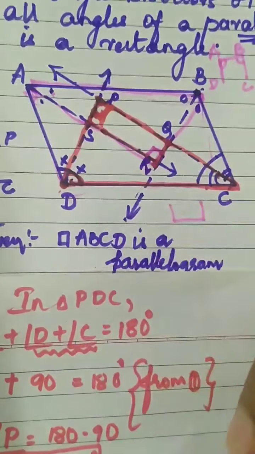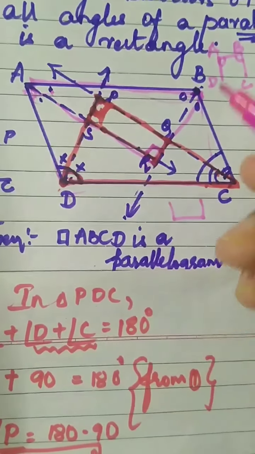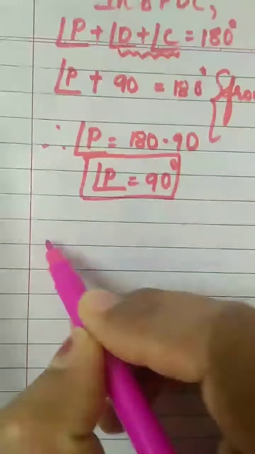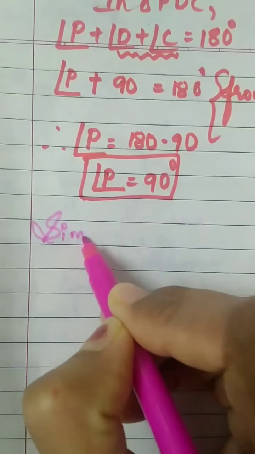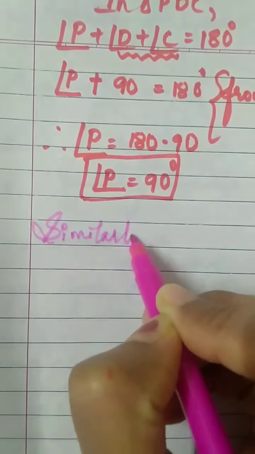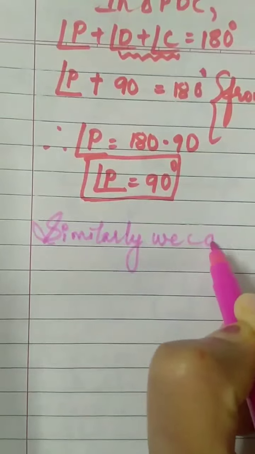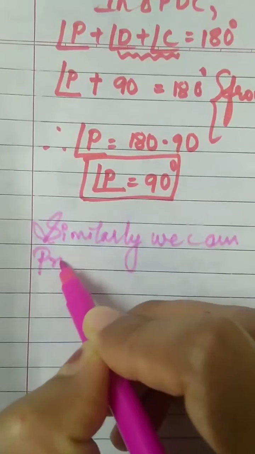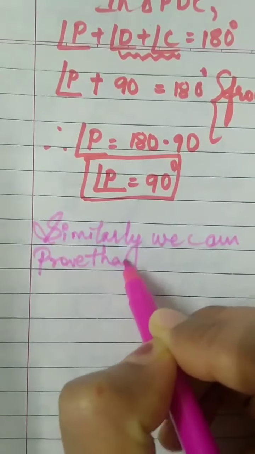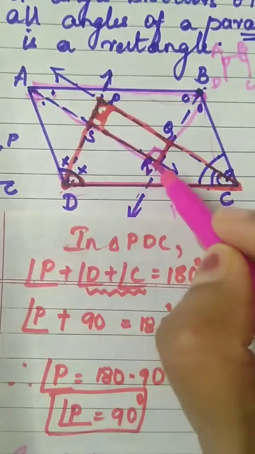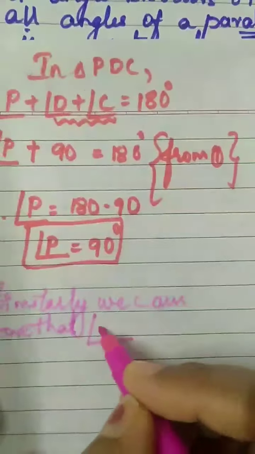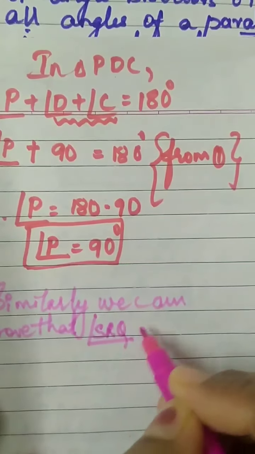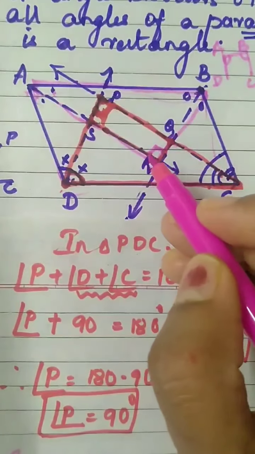No need to write the whole process once again. You will write, similarly, we can prove that angle SRQ, or angle R, is equal to 90 degrees. So this will also be 90 degrees.